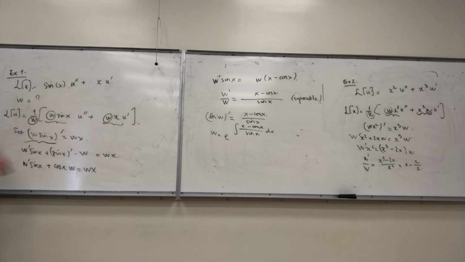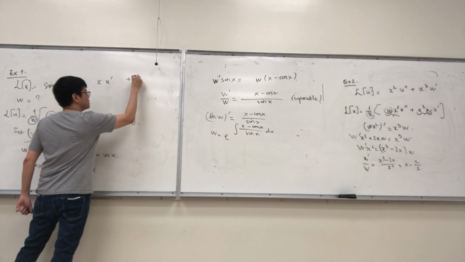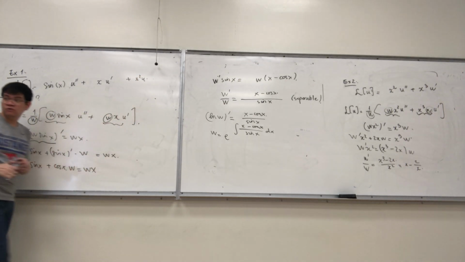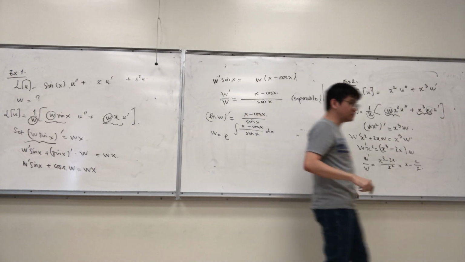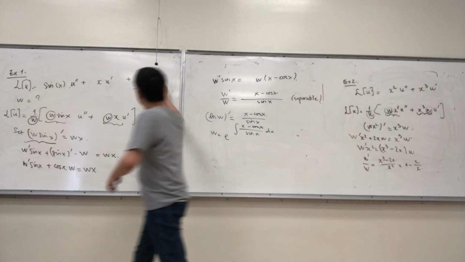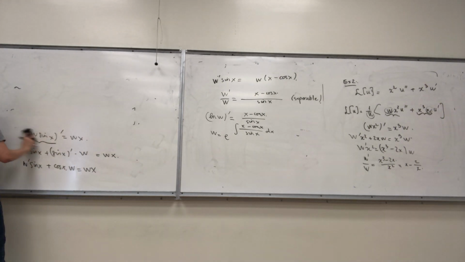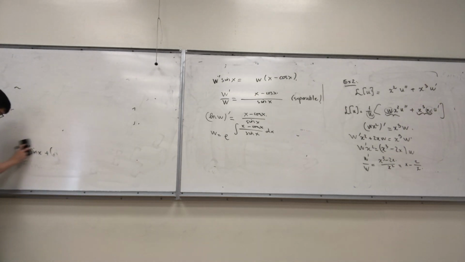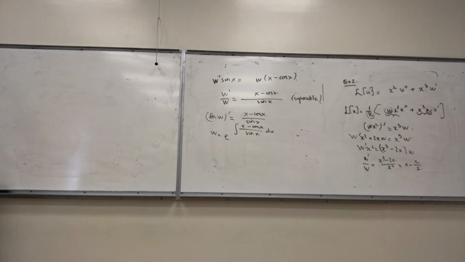Right. So in all of those cases, I don't put any coefficient here, right? So what happens if I have x squared u? This is what you asked last time, right? So let us go to that case. We go back to this example.